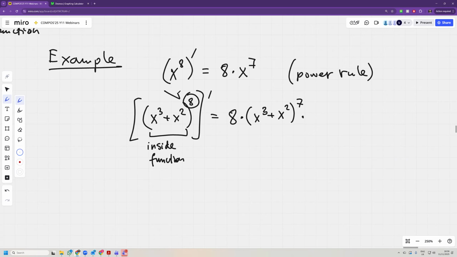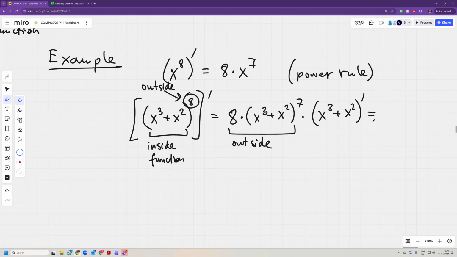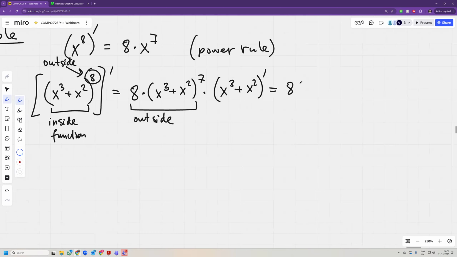You find the derivative of the outside function and multiply it by the derivative of the inside function, the derivative of x cubed plus x squared. So that's going to be 8 multiplied by x cubed plus x squared to the power 7, multiplied by 3x squared plus 2x. And that's it.